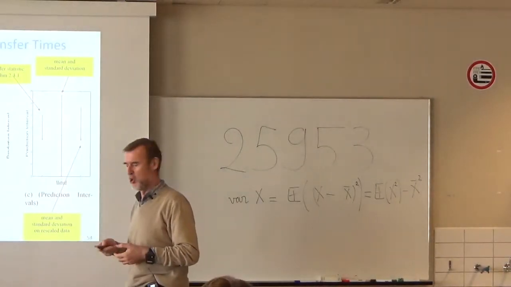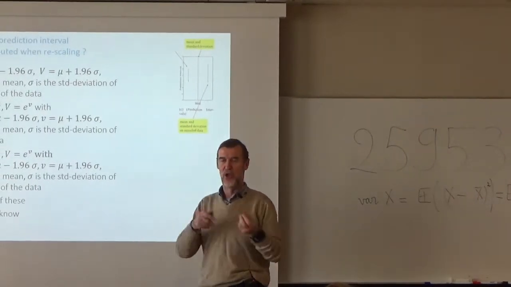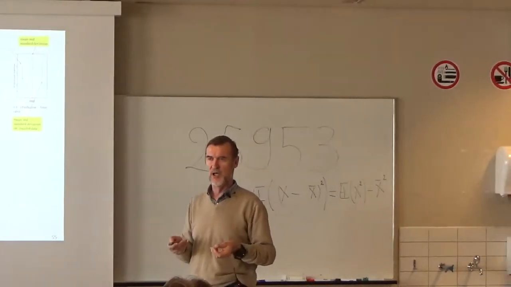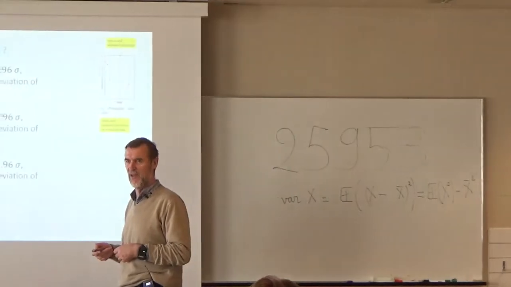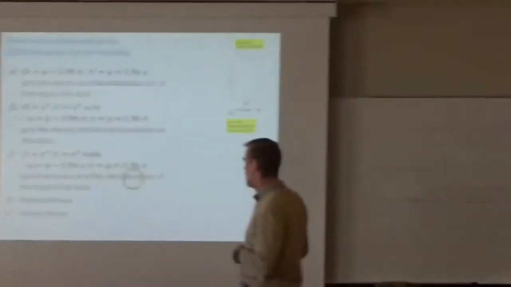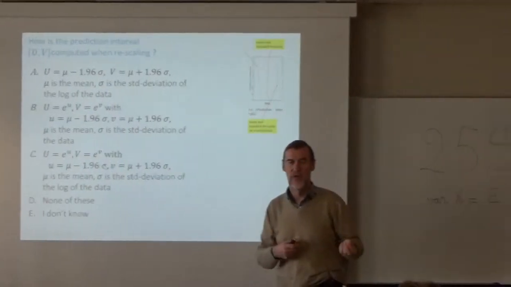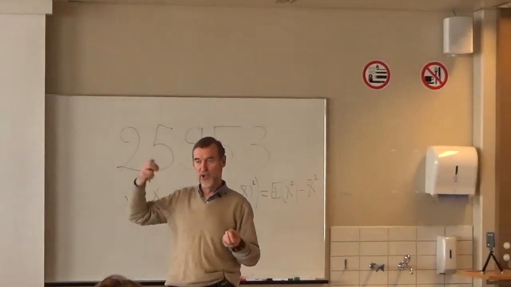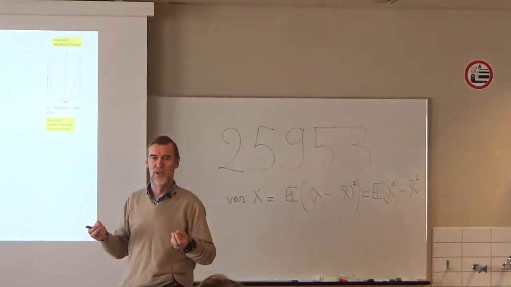So let's reason about the log of the data. With probability 95%, the log of the data will be between mu plus or minus 1.96 sigma, where mu and sigma are the mean and standard deviation of the log of the data, and so I can compute them. That gives me two bounds, u and v. And I know that with probability 95%, the log of a new data point, log of x_{n+1}, will be between the two.